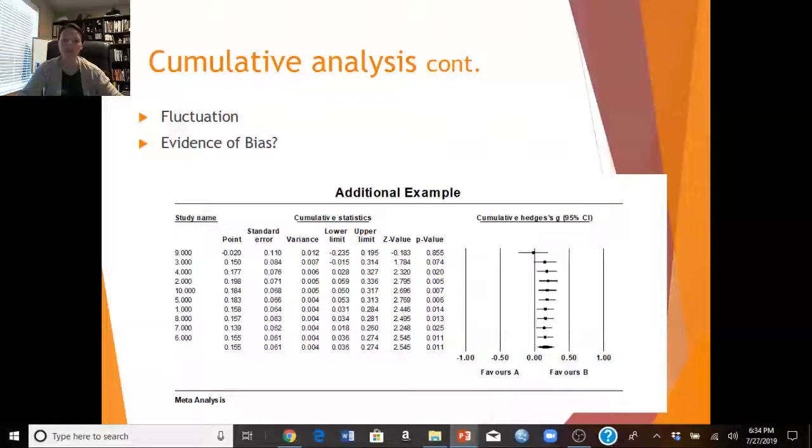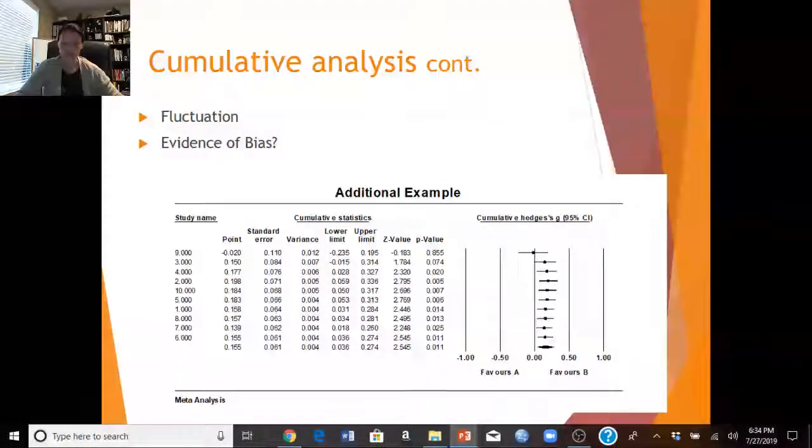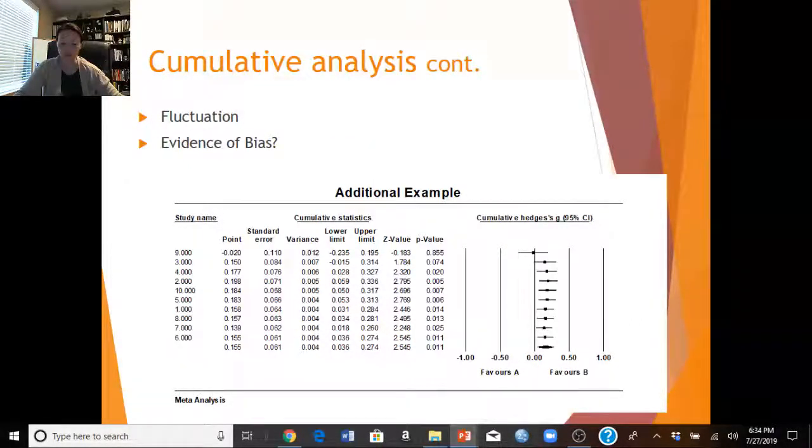And once you've done that, here is an example of what a cumulative analysis looks like. And here we're looking at the Wilson PowerPoint example. So this will show us the effect size and how that changed as we added in every single study to the meta. And so the study that had the smallest effect size, you can see here, had a very non-significant result occur.